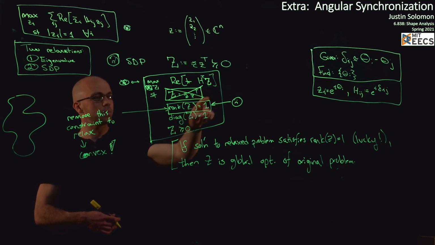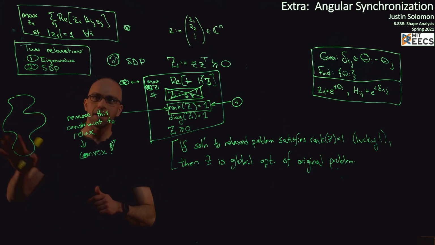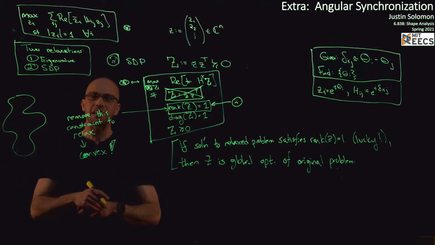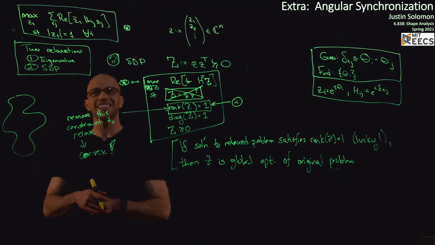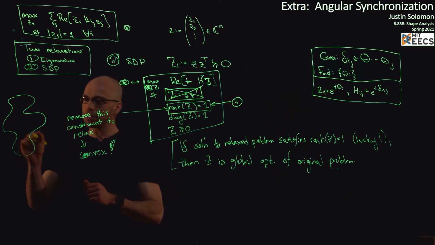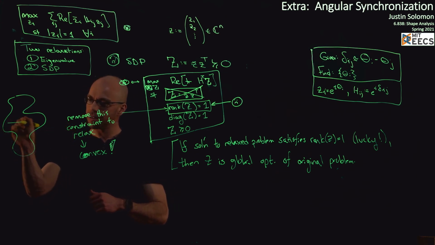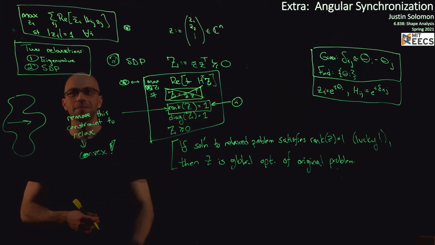If we leave that rank constraint here, then we have some crazy set of constraints that cuts out a weird feasible set for our problem. However, we know that our objective function is just a giant arrow. Why do we know that? Well, it's just a linear function in Z.